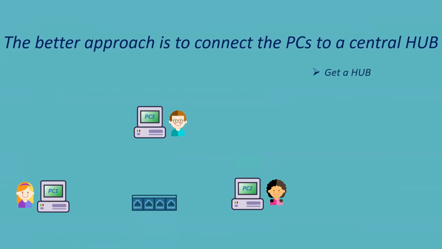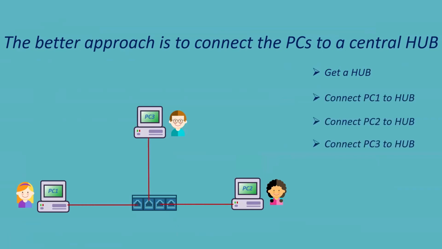A hub can be like this, and then you connect all the PCs, PC1 to this, PC2 like this, and PC3 like this. Think about it: any communication between any two PCs will take place via the hub.